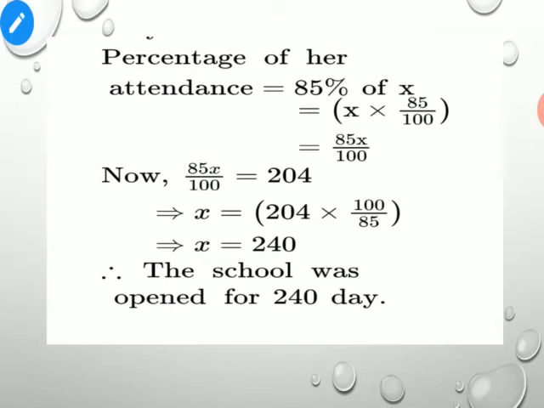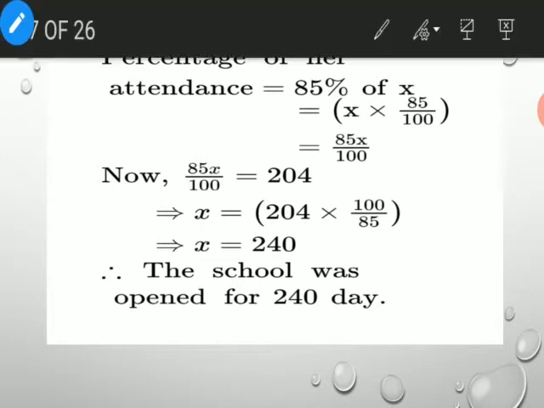So 85% of X, you remove the percentage sign, it will be 85 upon 100 multiplied by X. So the number of days she was present in the school was 85x upon 100, and according to the question it is given that the number of days she was present is 204.